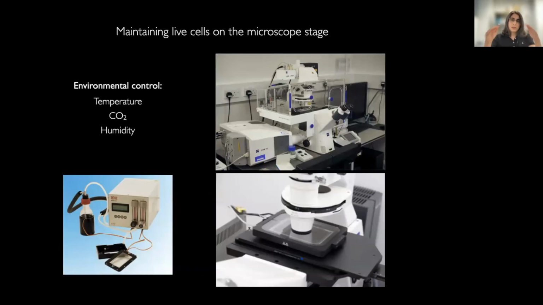The first one is the whole enclosure, where within the whole enclosure, the temperature, CO2, and humidity is controlled, or a stage top incubator, which is very local. It's just that teeny tiny area. Each has its pros and cons, but the idea is the same for both of them, which is to maintain temperature, CO2, and humidity for your cells.